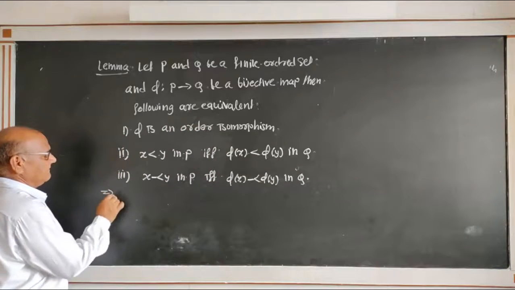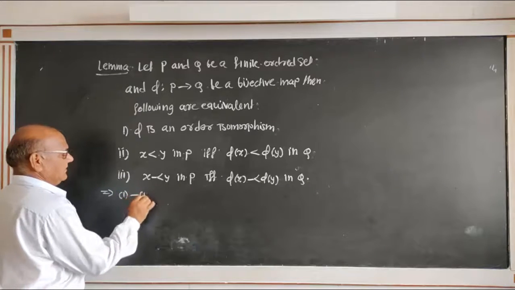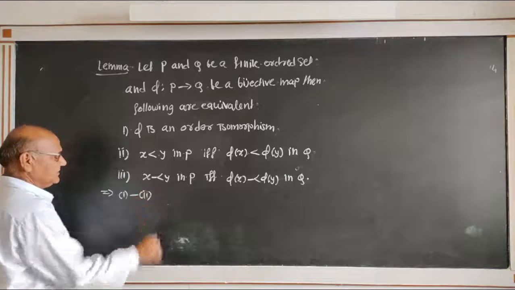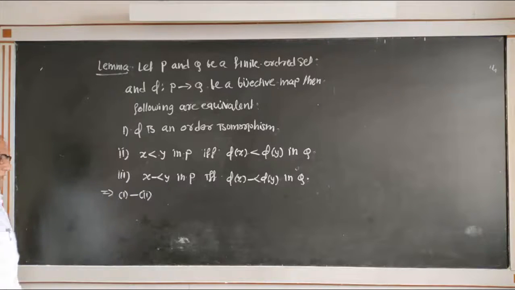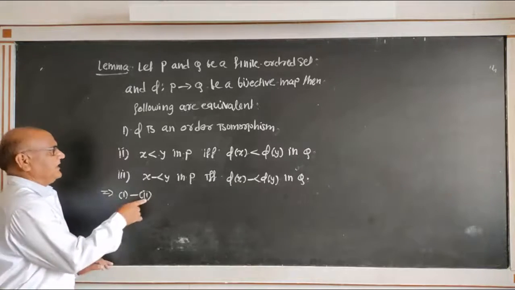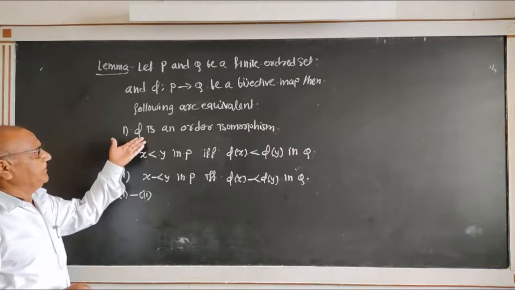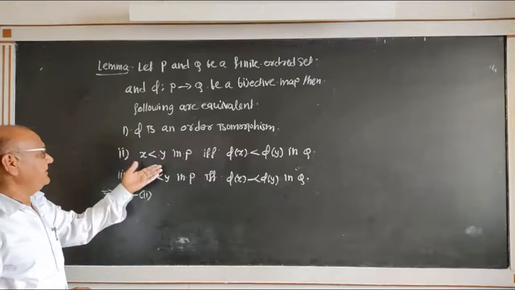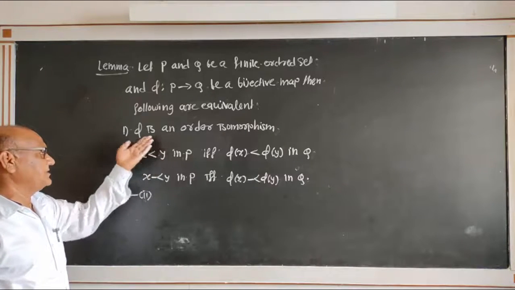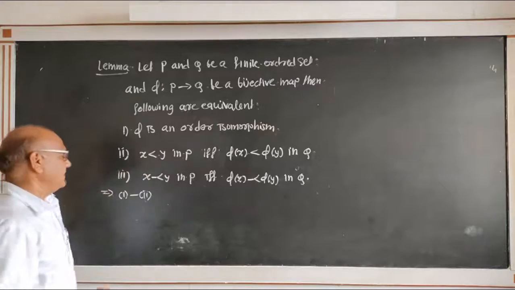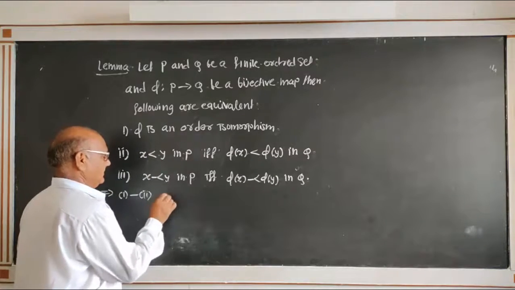Here, first we want to show first implies second. Phi is an order isomorphism. Then this is from the definition of order isomorphism; it is satisfied clearly.